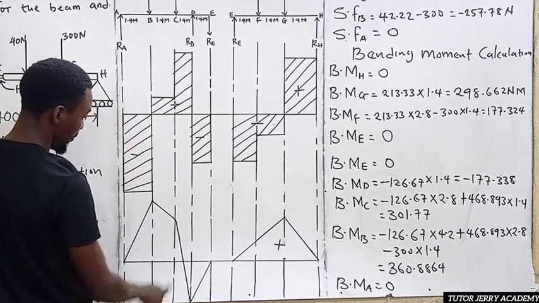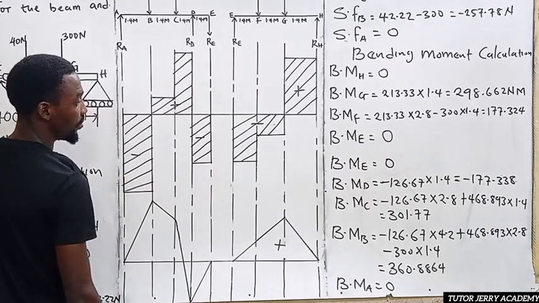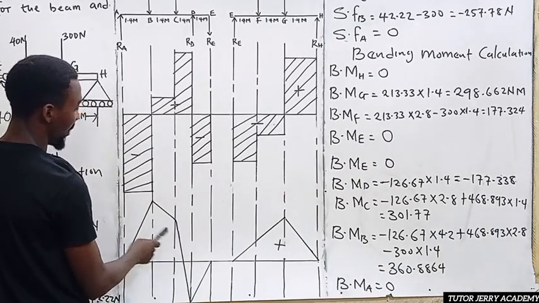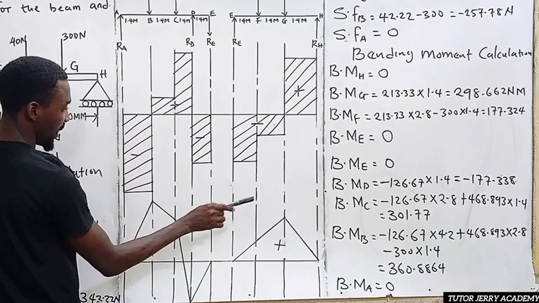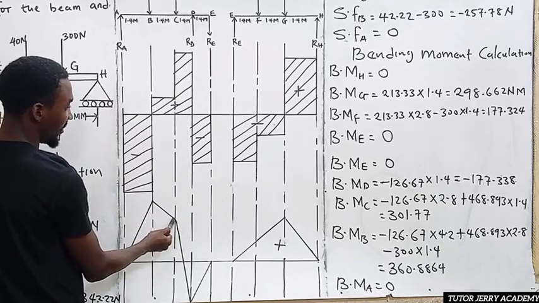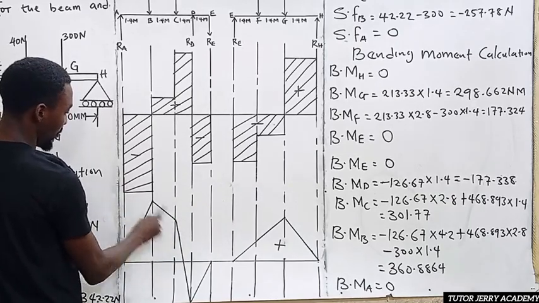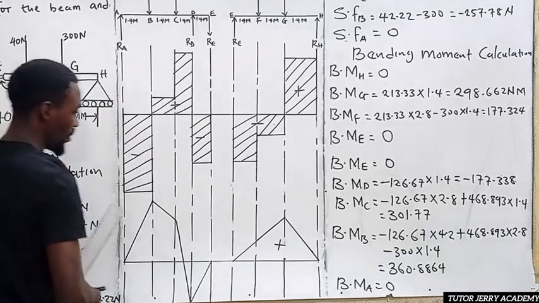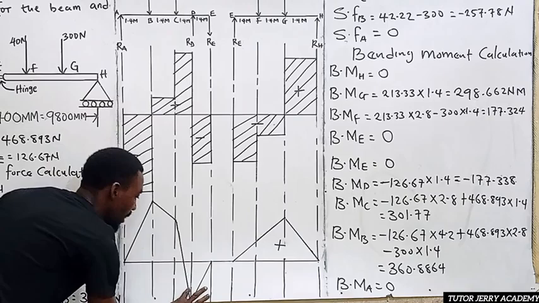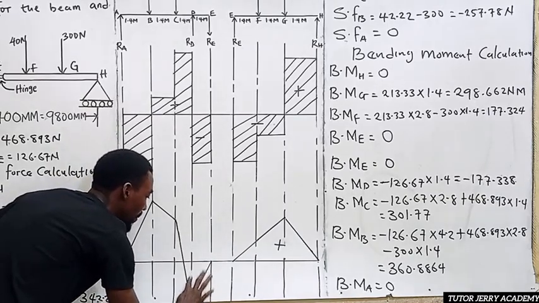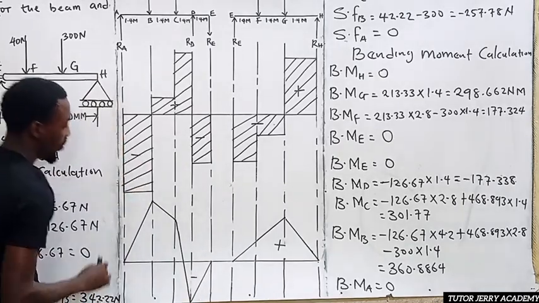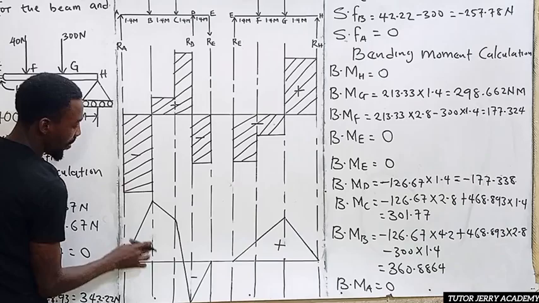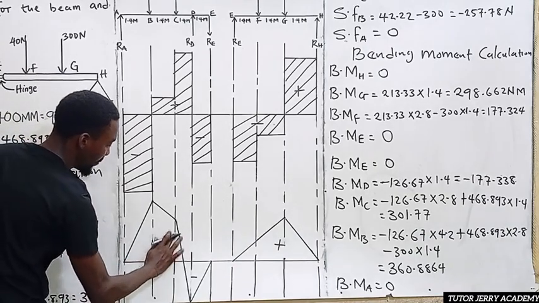All right, so we use this line to join these 2 points together. The bending moment at point B is 360.886, which is higher than this one. So it's going to be here, then we join it to 0. So that's correct. So the line here is going to be our negative side, while this one here is going to be our positive side.